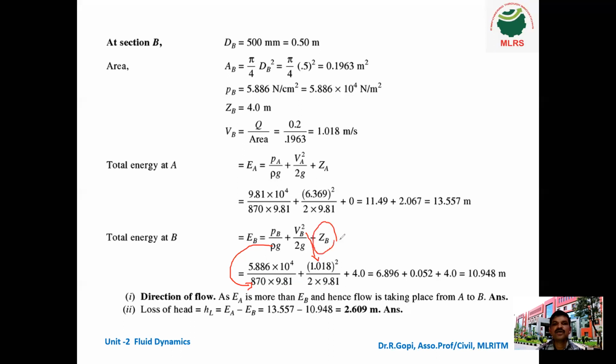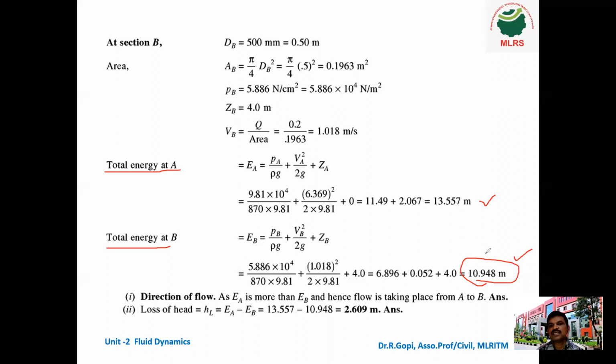ZB value is given in the question, it is 4 meter. So finally simplify this equation. We get an answer 10.948 meter. So from this result, you can understand the total energy or total head at A point is 13.557, at B point is 10.948.